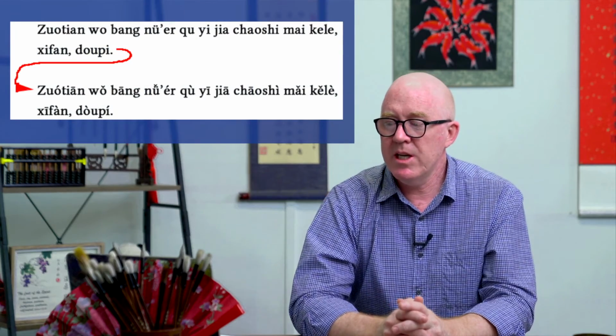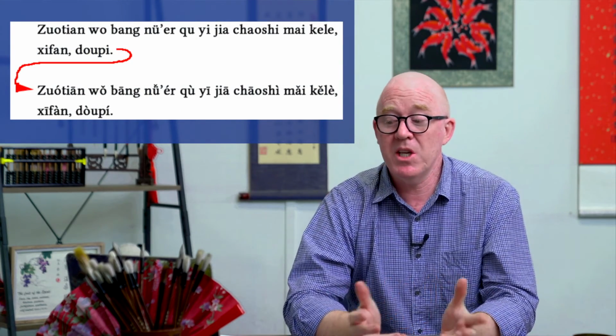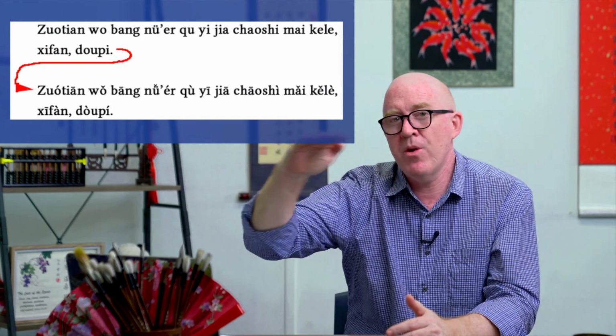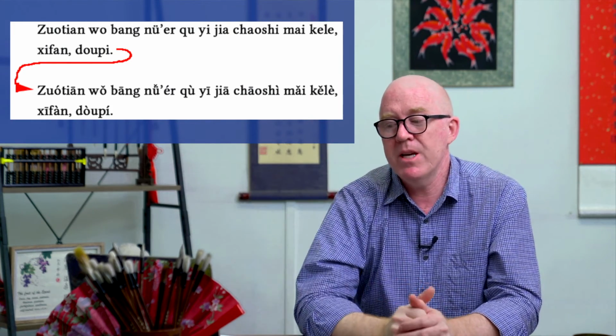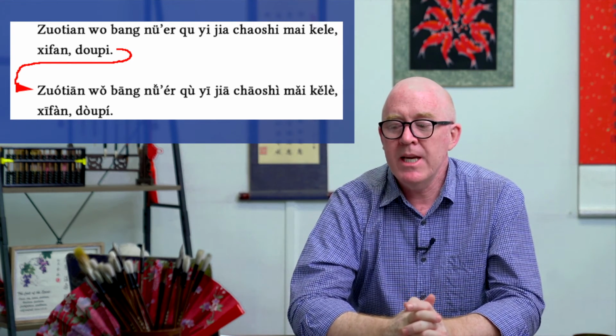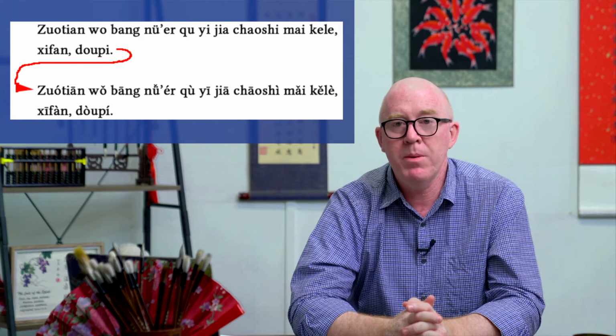In this last slide, you can see a sentence which probably doesn't make any sense to you. It's got English letters, and you can see individual words there. But if I was to use just one tone in Mandarin to read this, it would sound like this. 昨天我帮女儿去一家超市买可乐、稀饭、豆皮.